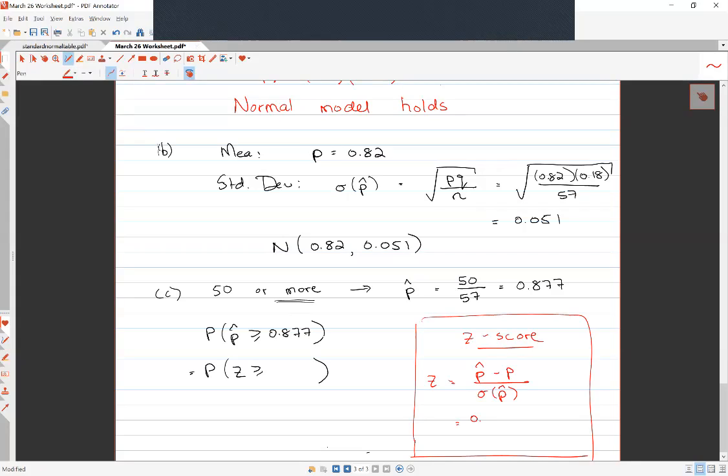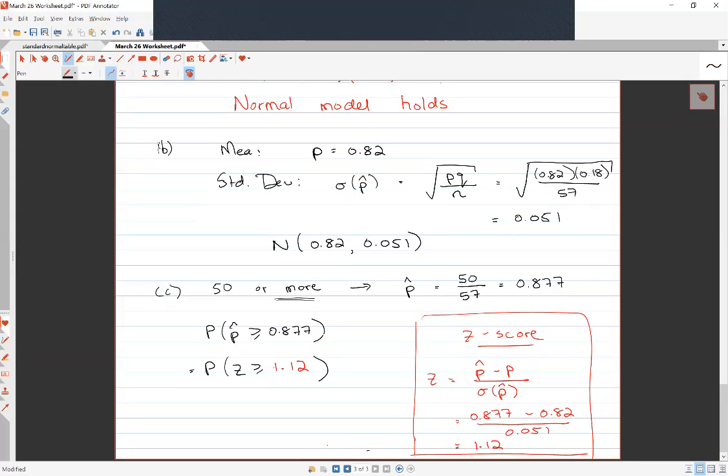And in this instance, it's 0.877 minus 0.82 divided by 0.051. And that is equal to 1.12. So that's the reference z value that I'm working with here.